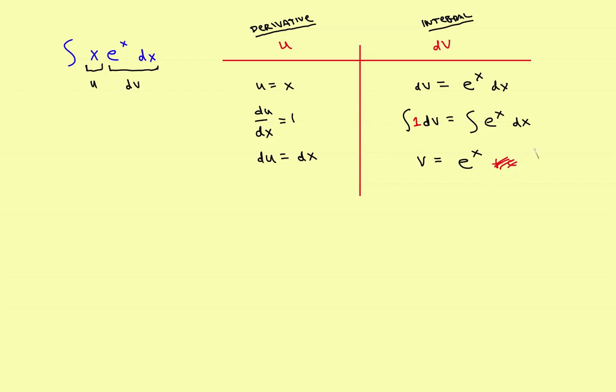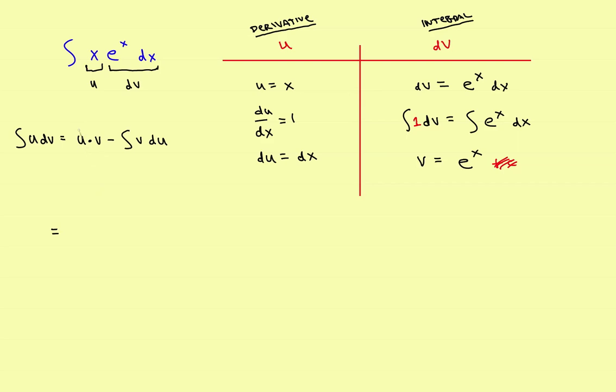Okay, now I've got the things that I need, so let's go back again. The formula looks like this. You started with the integral of u dv, and you change that into u times v minus the integral of v du. So now let's put down the things that you know.